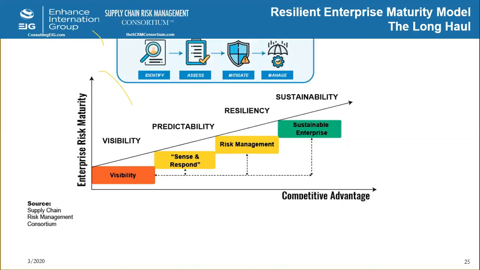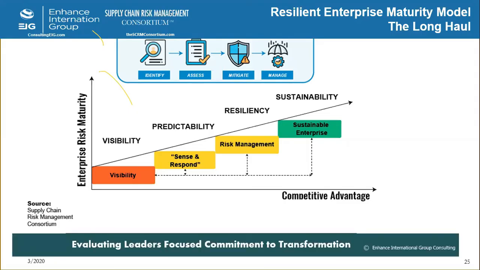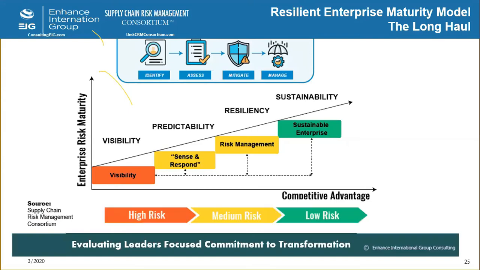That's the 4 stages. Our mantra at the top, you'll hear us say that constantly: identify, assess, mitigate, and manage your risks. On the bottom of the chart, we talk about a focus of commitment to transformation. We think that's what this is.